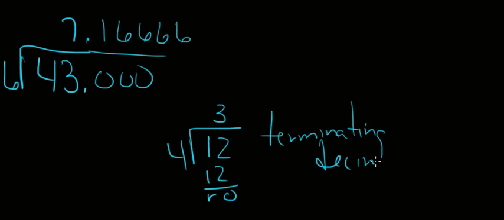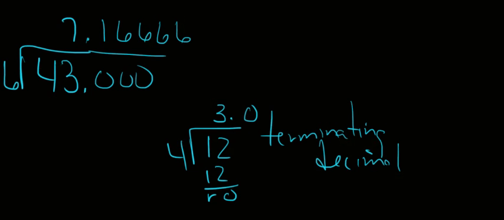Because it terminated, it ended. There was no remainder, nothing left over to carry up there and divide and bring back down and multiply again and subtract. We're done with all that. The problem has been solved. The answer is 3, which we can also say is 3.0, if you wanted to put the decimal 0 there.